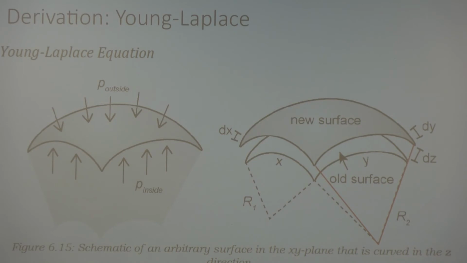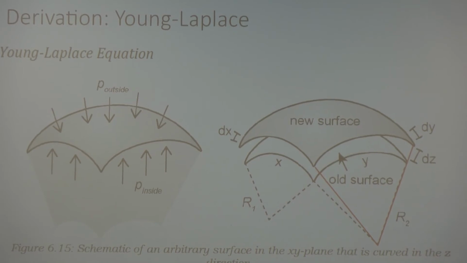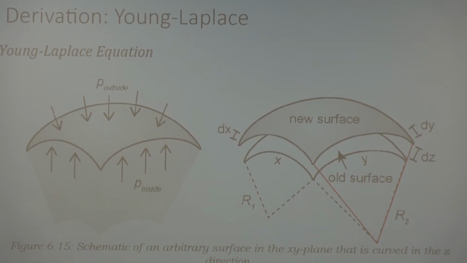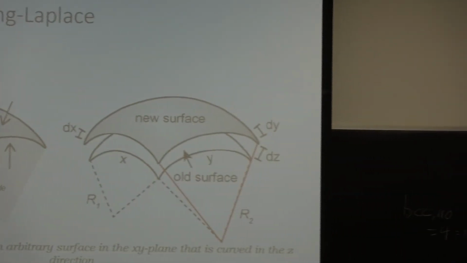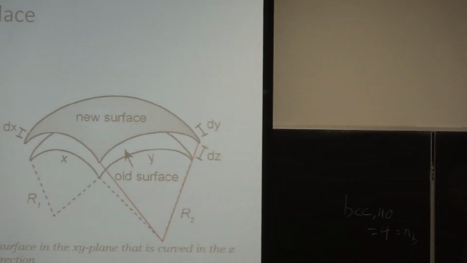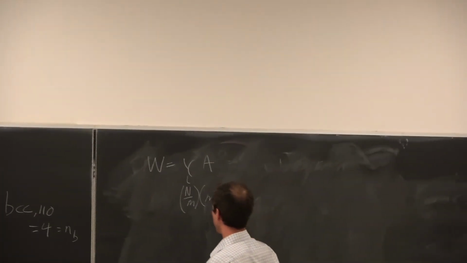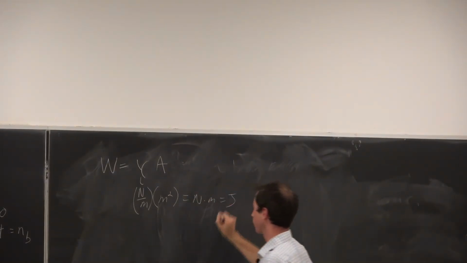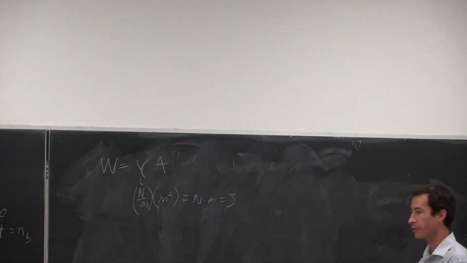Let's talk about the overall work on this system. It is going to be the surface energy times the area, okay? Just to remind you, this is units of newtons per meter, and this is going to be units of meters squared, which gives us newton meters, which is joules, right?